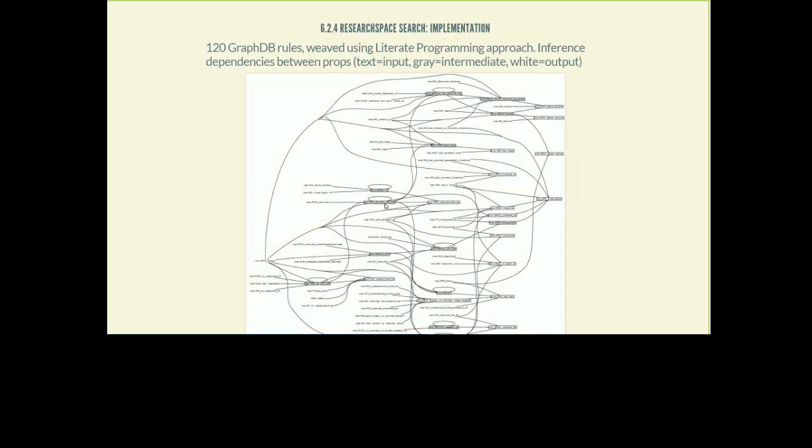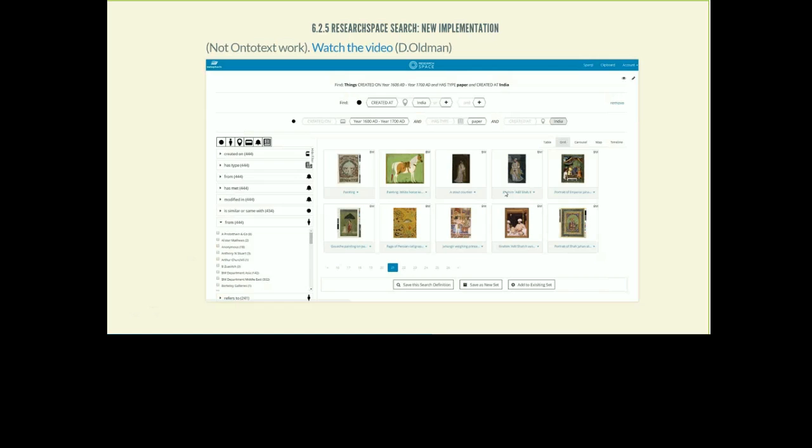So, for example, this grayish property, which is an intermediate result, feeds from this property, but also from this source property. There's an inference rule that produces that. There's a recursion on the rule, and after that it feeds into this and that and that and that. Quite an engineering feat, I tell you. There's a paper about it. Look for ResearchSpace or CRM and you'll find it.